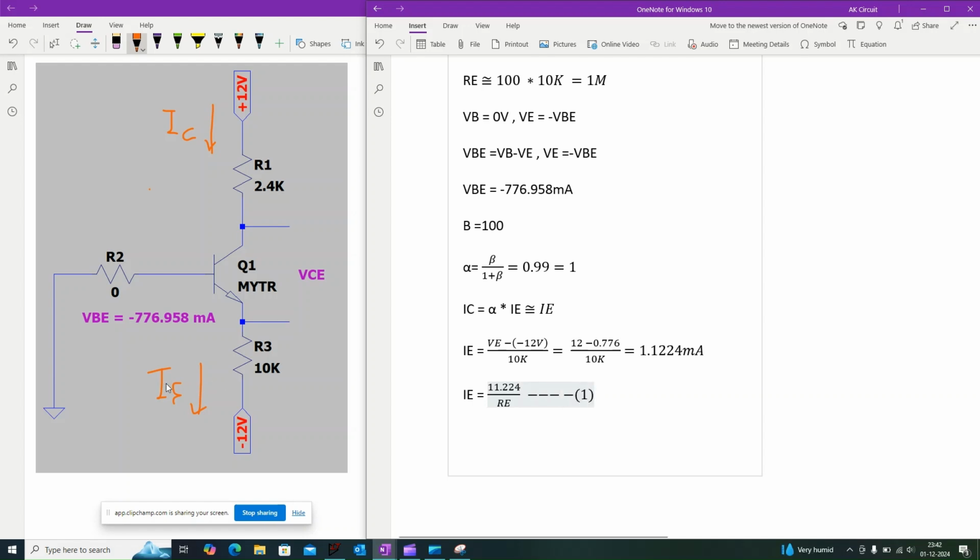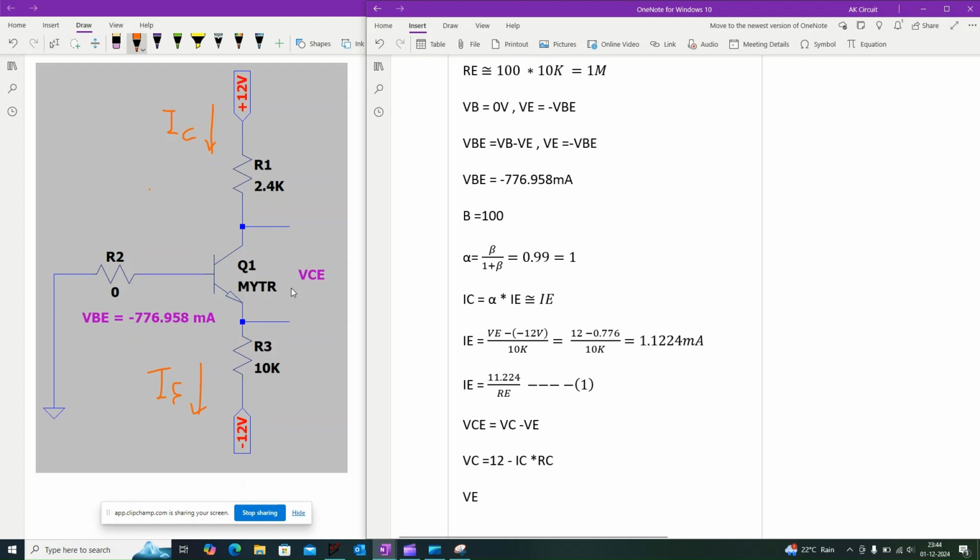Once we know the value of emitter current, which is approximately equal to collector current, we can easily find the collector voltage VC. Voltage VCE is equal to VC minus VE. VC is equal to plus 12 volt minus IC, collector current, into RC, collector resistance.